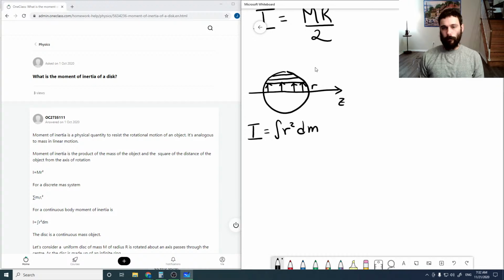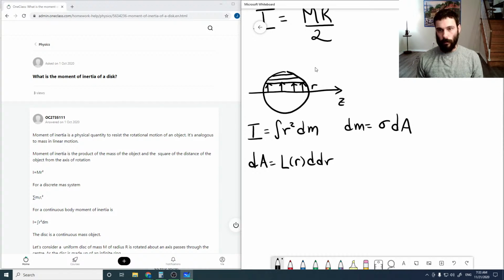Because we need to calculate r squared dm. And the best way for us to get what our dm is in terms of our r is through our area expression. So we need to find some dA, and our dA in this case, again, our best chance at it is to have the length of these expressions multiplied by dr, because each one of these little things has a width of dr. And we can do this using just some geometry.